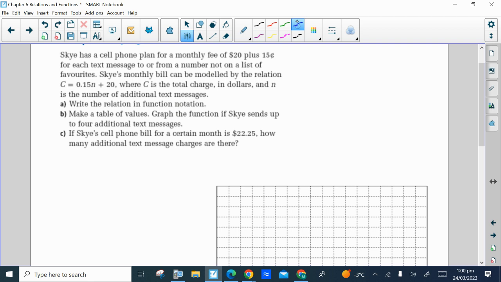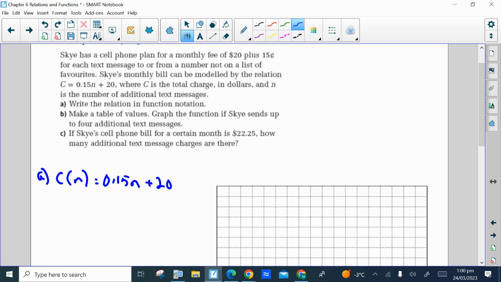Part A asks us to write this in function notation. Remember, function notation is where you have a letter and then another letter in brackets after it. The letter in the brackets matches the variable in the equation, which in this case is the letter N. So the function notation form will be C at N equals 0.15N plus 20.